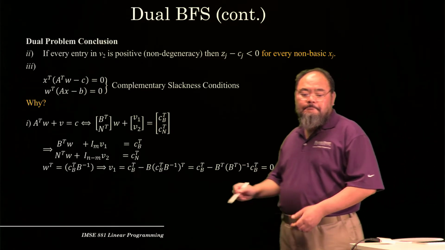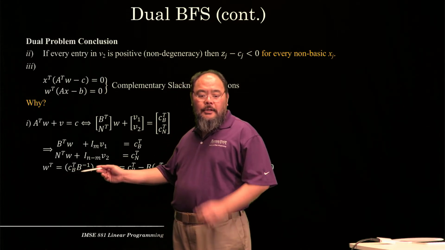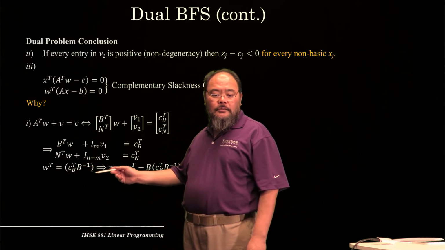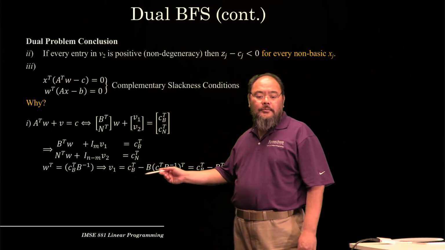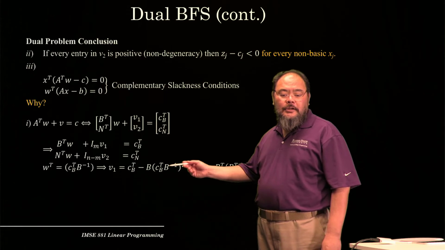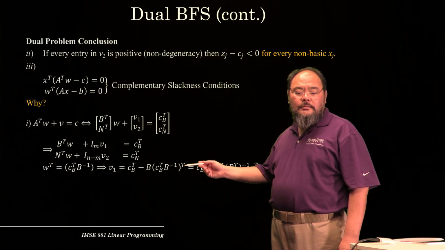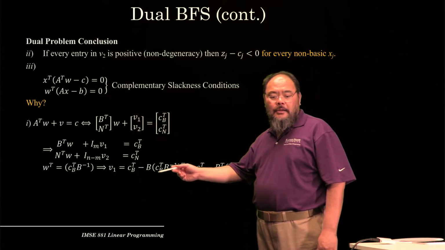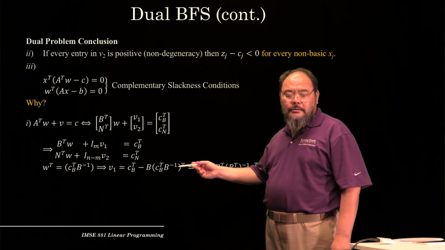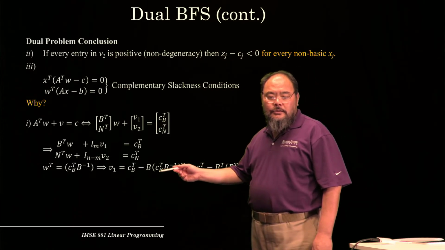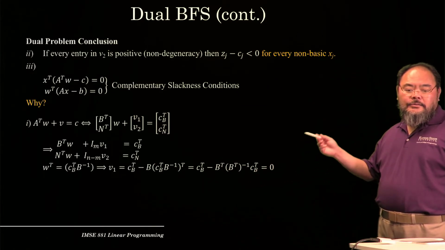Once more, omega transpose equals CB transpose times B inverse. Therefore, V1 equals CB transpose minus CB transpose times B inverse times B. B and B inverse multiplied together equal the identity matrix, so the result will be CB minus CB equals 0.